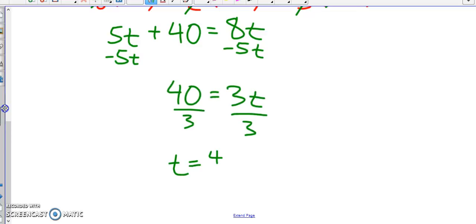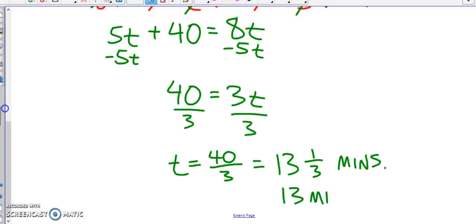T equals 40 over 3, which is a perfectly good mathematical answer. However, nobody's going to run around saying, oh, the hot water takes 40 over 3 minutes to fill the tub. So this is the same thing as 13 1/3 minutes, or 13 minutes and 20 seconds, as 3 goes into 40 13 times with 1 left over.